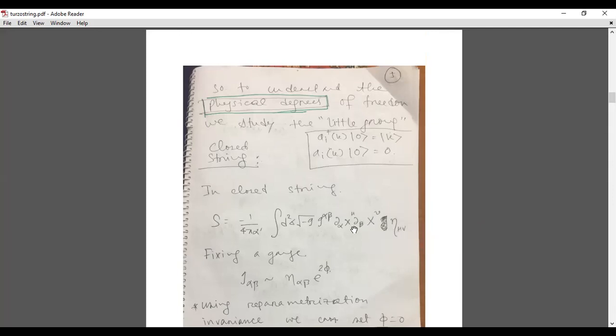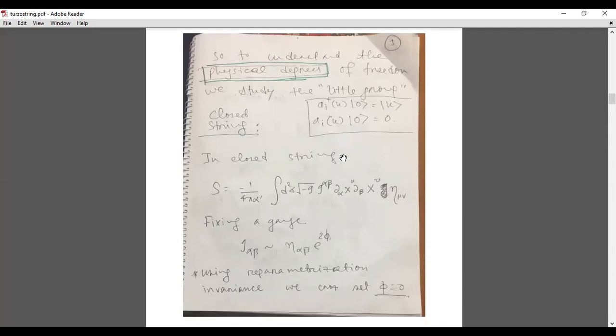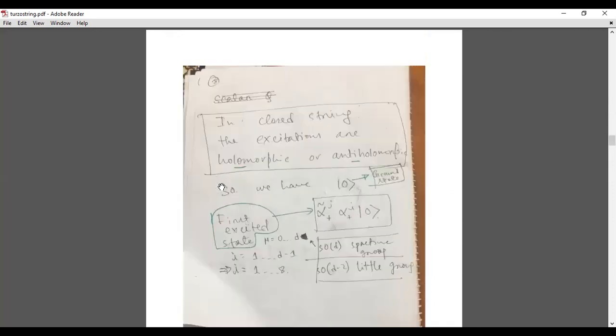But in order to have a string theory action with no anomaly, you have to restrict your mu and nu, or your space-time dimension, to be up to d equals 10. If you do that, then your action will remain anomaly free, okay?